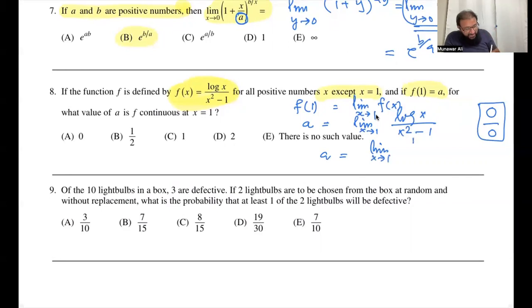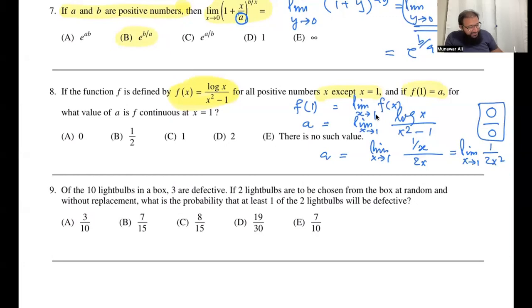The derivative of log x is 1 over x, and the derivative of x square minus 1 is 2x. So this becomes limit x goes to 1 of 1 over 2x squared. Now if you substitute 1 directly, there is no 0 in the denominator, so it makes sense.